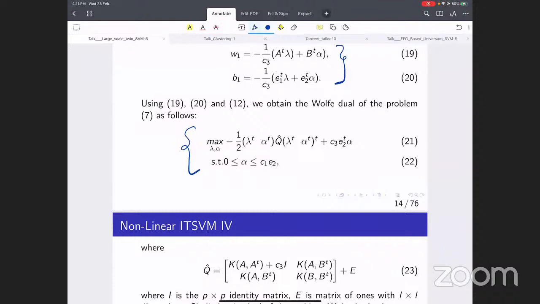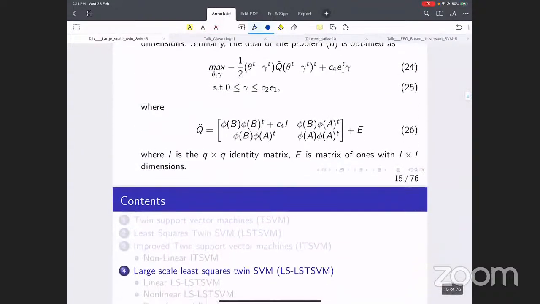Now we are able to apply it to large scale data, because if the size of the data is very large, in the thousands or lakhs or millions, then taking the inverse of a matrix is a lot of calculation and difficult to execute on a normal computing machine. Okay.